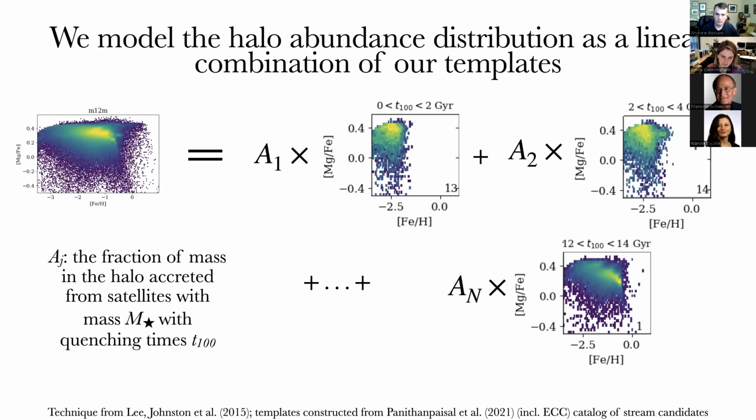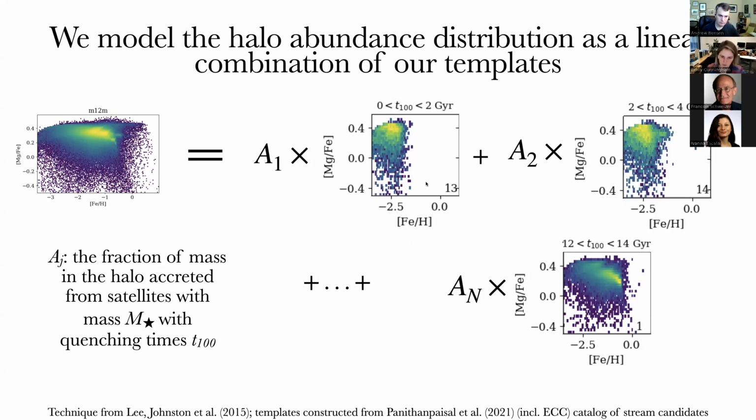So the idea here is that if we have this grid of empirical templates, we can solve for the coefficients of modeling our full abundance distribution as a linear combination of each template. And in principle, what that would mean is that the coefficient with each template corresponds to the fraction of mass in the Milky Way halo that came from accretion events of this stellar mass and quenching time.